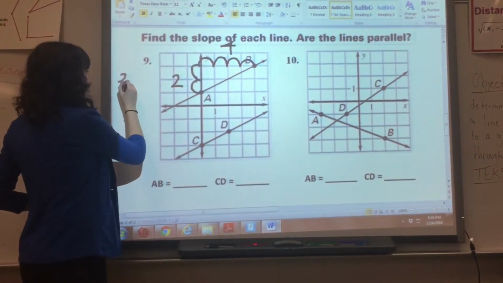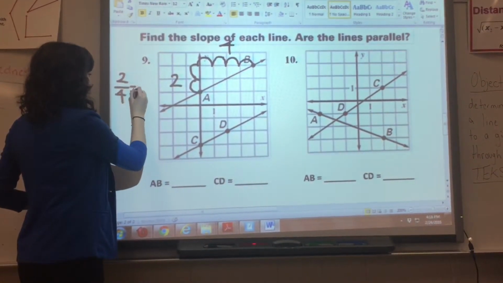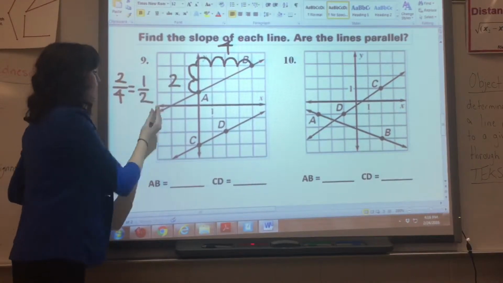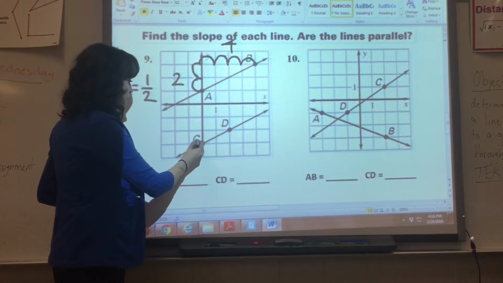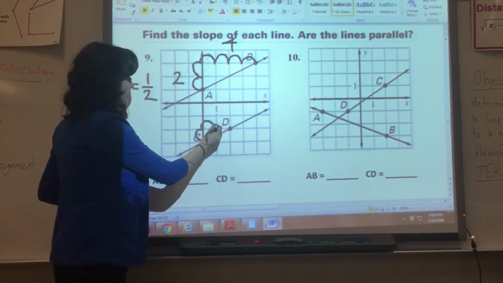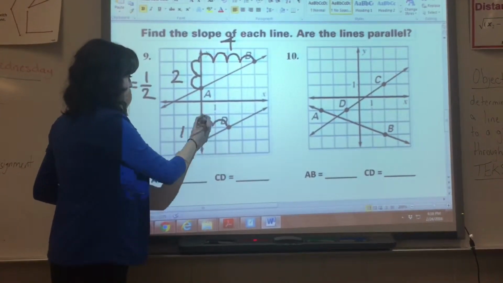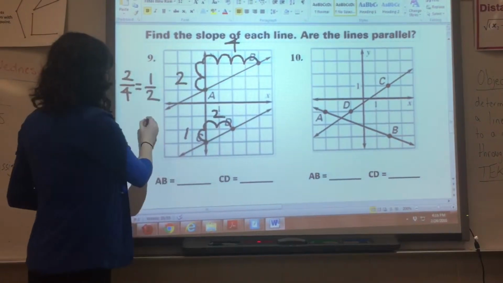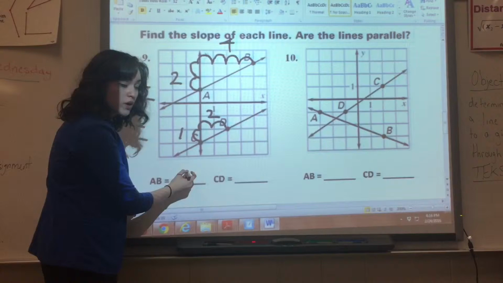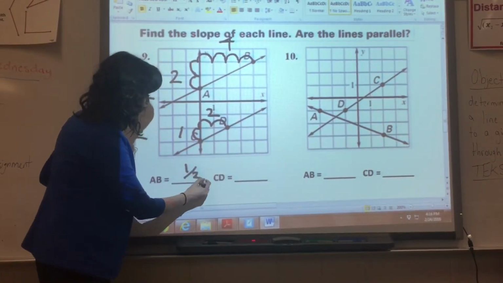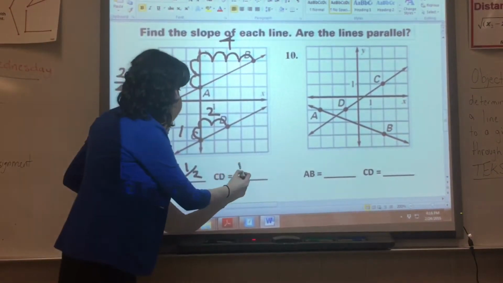So 2 over 4 is equal to 1/2. Now for this line, we go up 1 and we run 2. 1 up, 2 to the right, that's positive. So we have our AB is 1/2, and our CD is also 1/2.